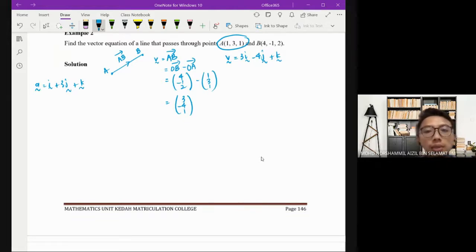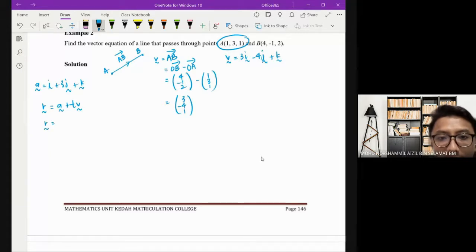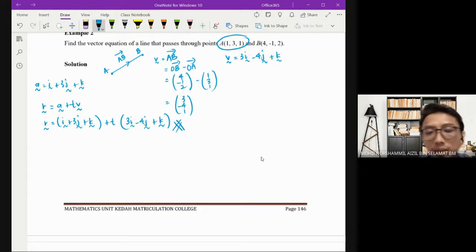Now we can easily get R equals A plus tV, because A and V are already available. So R remains R. A is i plus 3j plus k, plus t times V, 3i minus 4j plus k. That's it. Done, the vector equation.